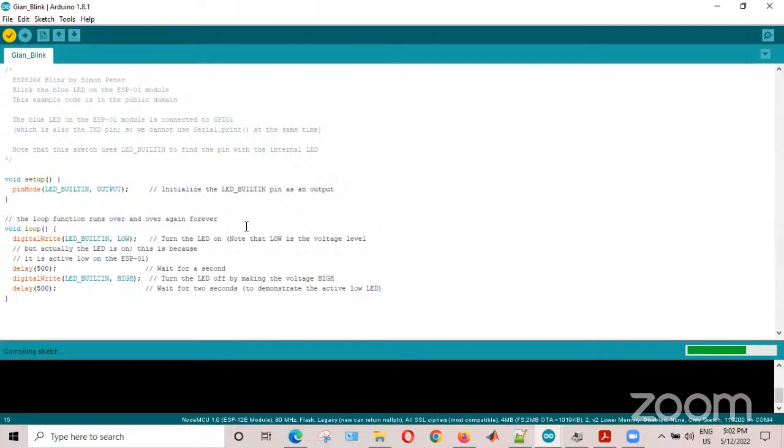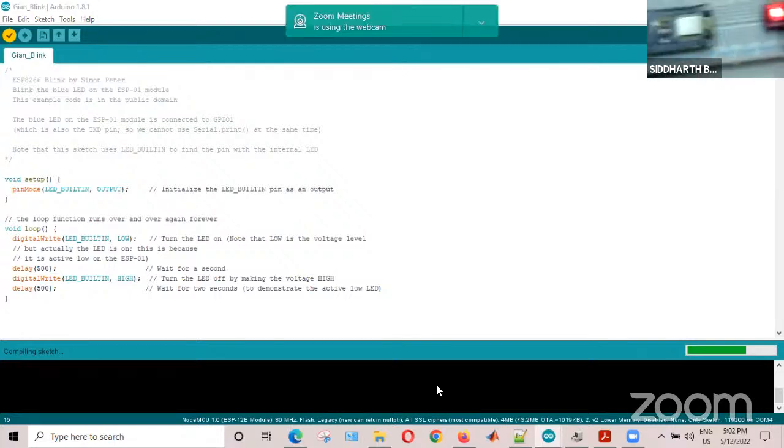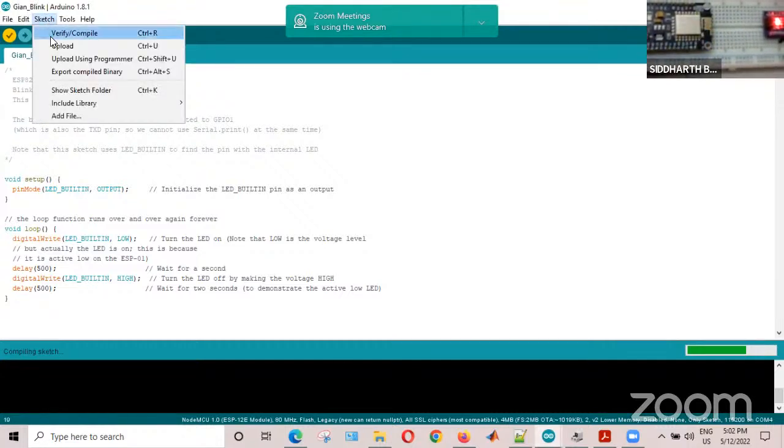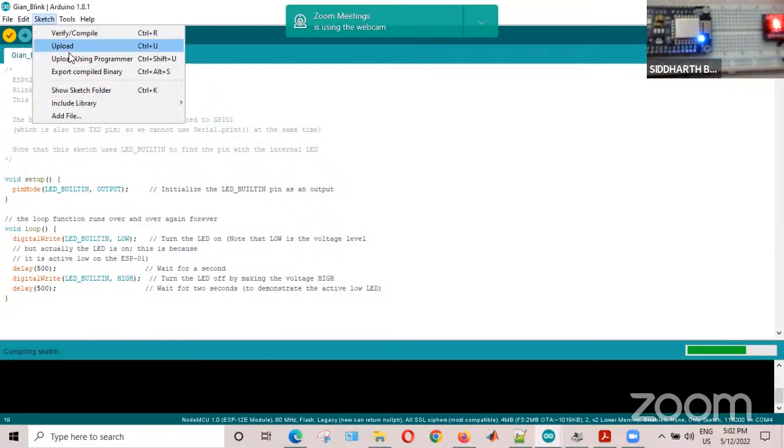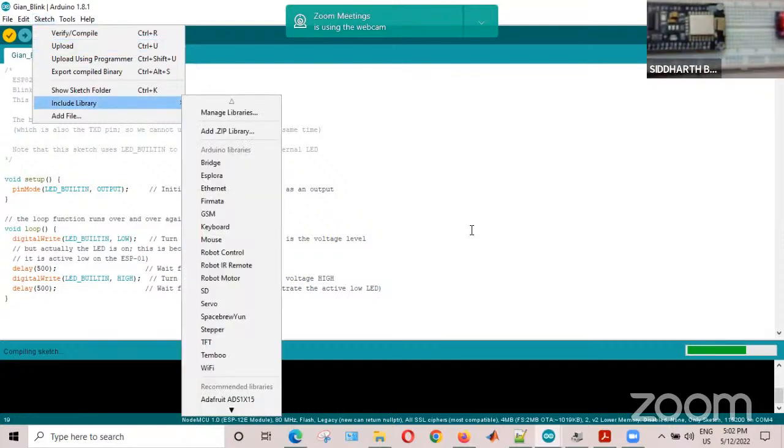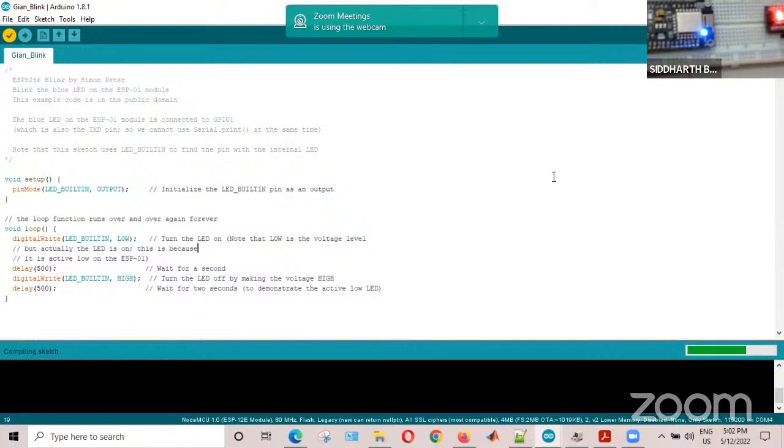I'm switching on the camera so we can see the output at Node MCU. So this is Node MCU. Actually, it already has the same code, therefore it is blinking the LED right now.